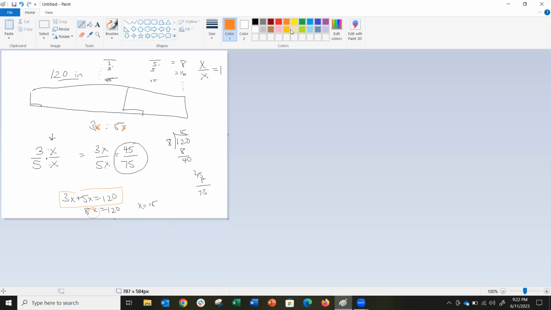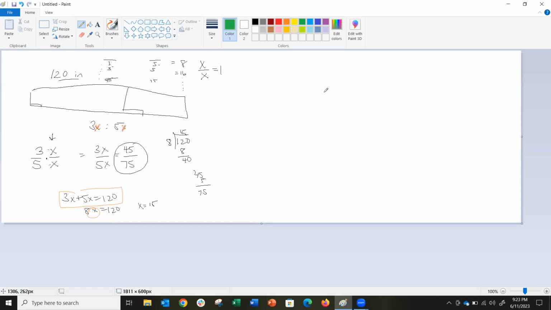Since this was multiple choice, you could use that to your advantage. And it had like 15 and 105, right? Let me make this bigger. So if you had 15 and 105 as your answer choices, you could make that a fraction and you could simplify that.